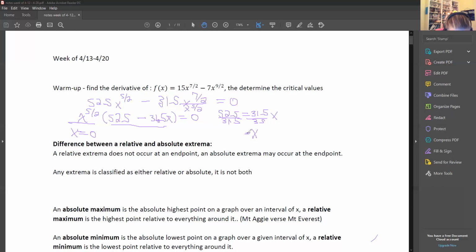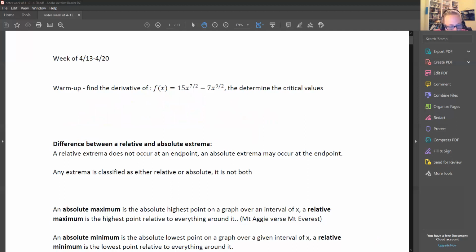I'm going to hit that as a fraction. It's 5/3. All right, so we've got two critical values. Don't forget about 0, and we got another one at 5/3. Okay, so remember the critical value is where the derivative equals 0 or where it's undefined. Okay, I'm going to clear this off, and I'm going to change the way that I'm writing on this, so it's a little more permanent.